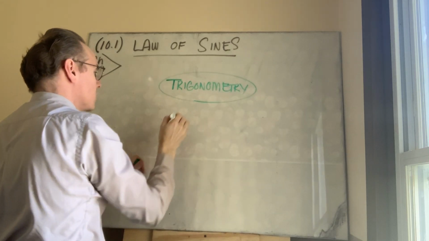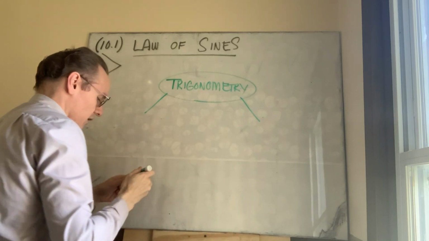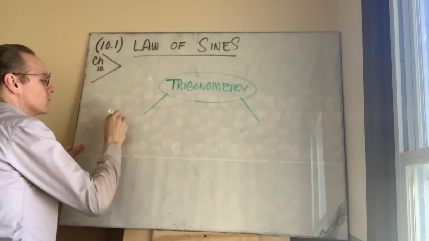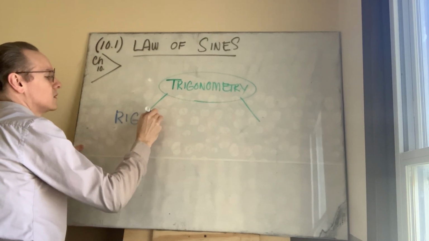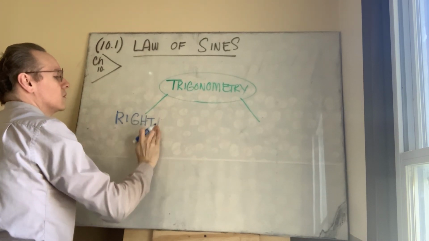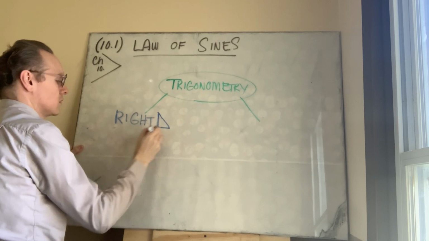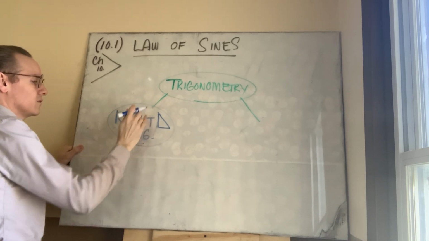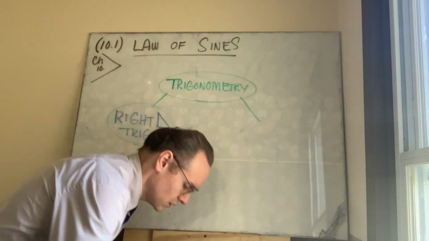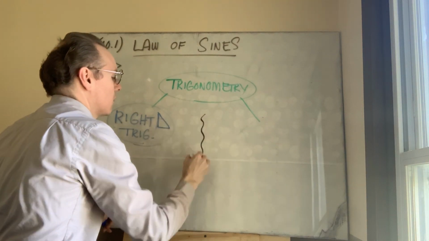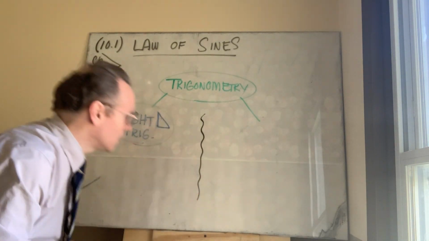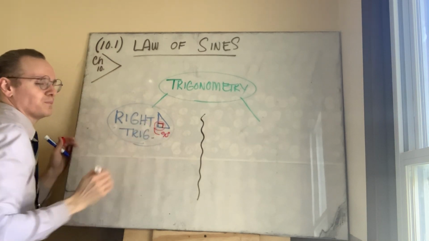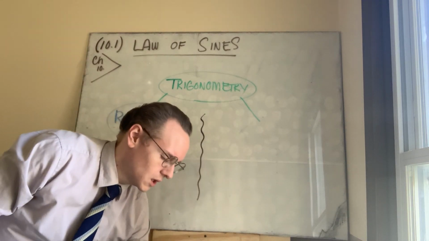What is relevant to us are basically these two categories. We have, to this point, discussed what is referred to as right triangle trigonometry, and the formulas that are relevant exclusively for right triangles, which, as you know, have a 90-degree angle, are these.